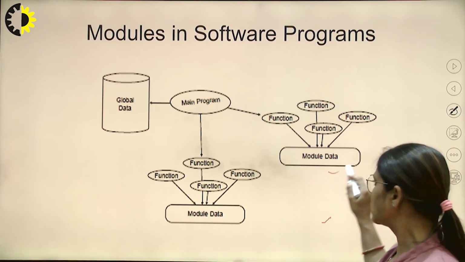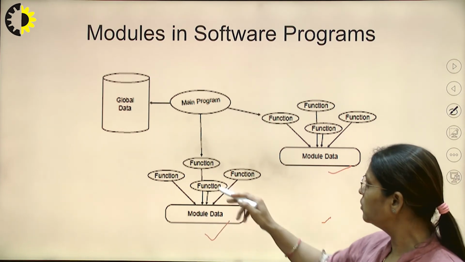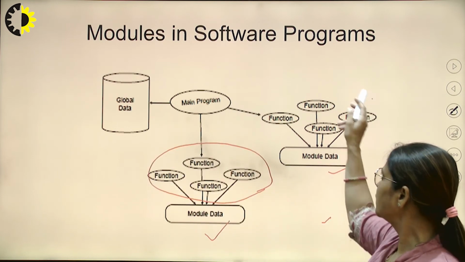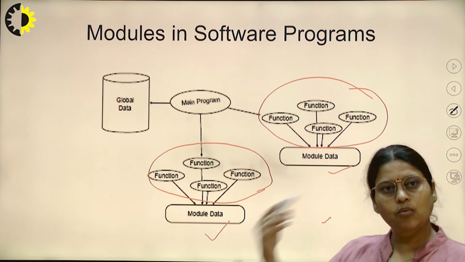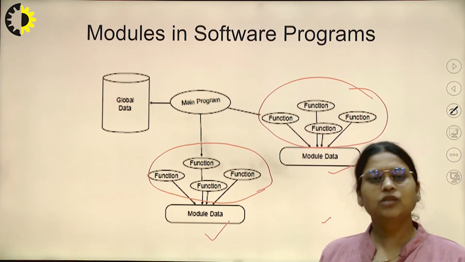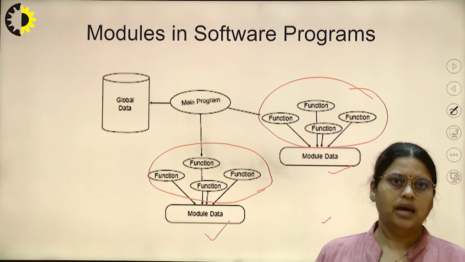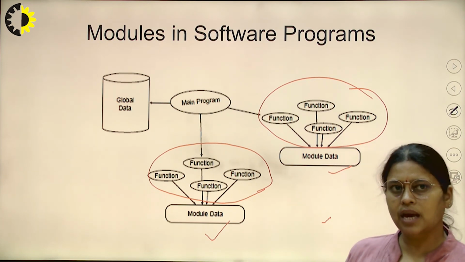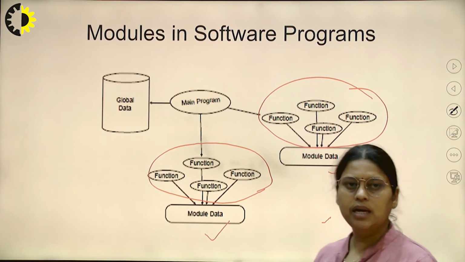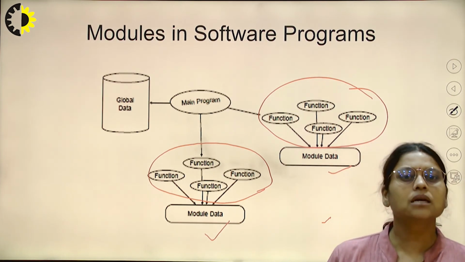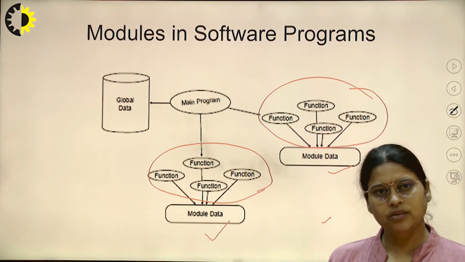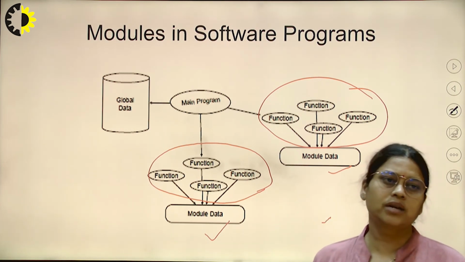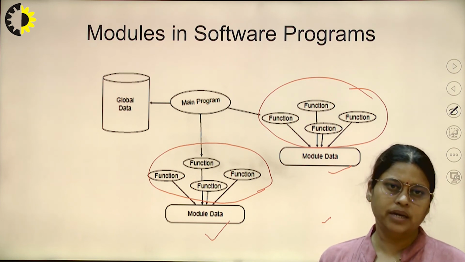This is the structure of a module. Suppose this is one module, and this is another module. These are the functions of the modules. So basically at the time of designing, we have to create the modules and convert these modules into classes, and we create a class diagram at the time of designing. As we know, a class contains three components: a class name, class attributes, and the functions or methods of that class.